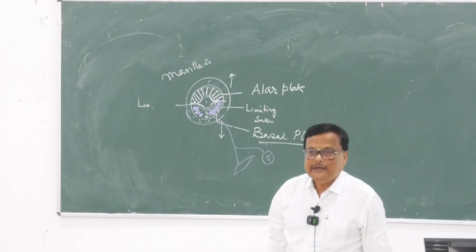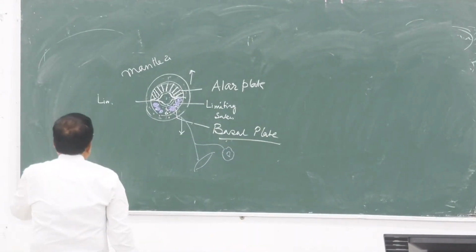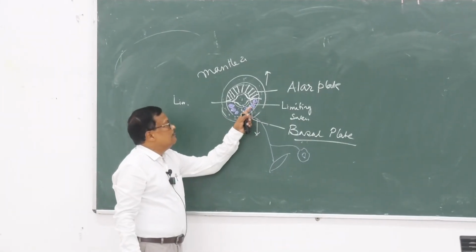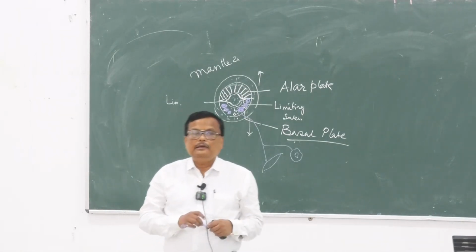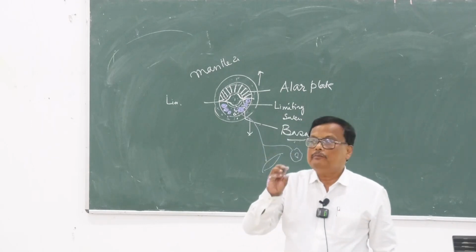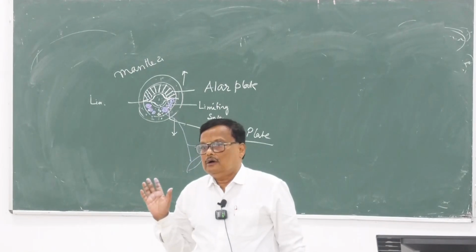So the basal plate ultimately forms efferent nuclei. In medulla oblongata, pons and midbrain, they form different efferent nuclei depending upon their origin.